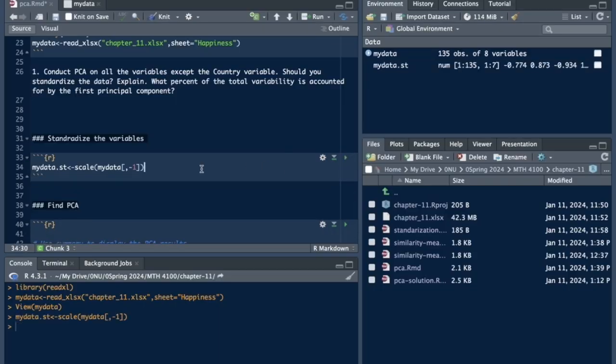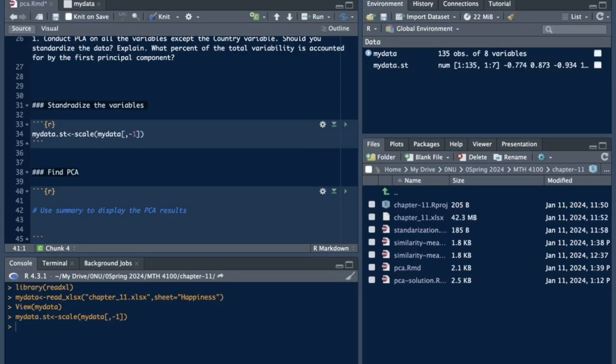So we scaled the data, right? After that, we're going to find the PCA for my data standardized, and to do this we're going to use a function called prcomp. So PCA is going to be prcomp.